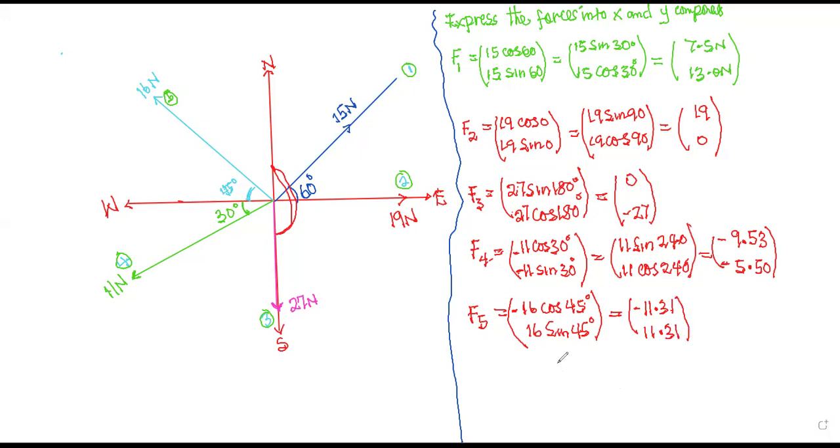So these are the x and y components of F1, F2, F3, F4, and F5, respectively.